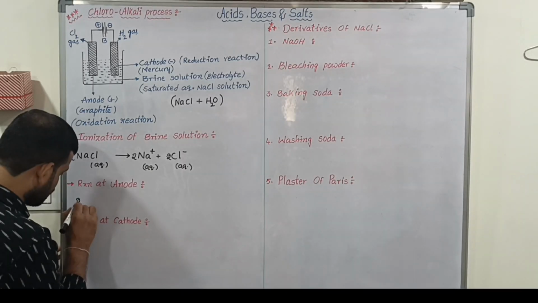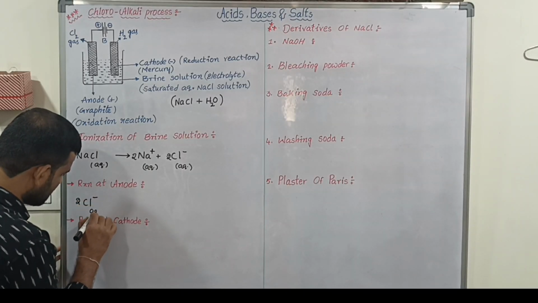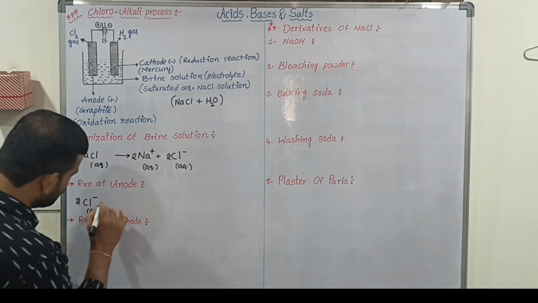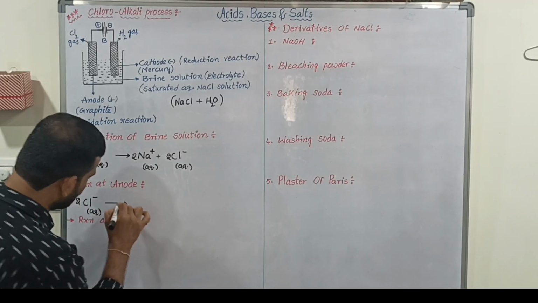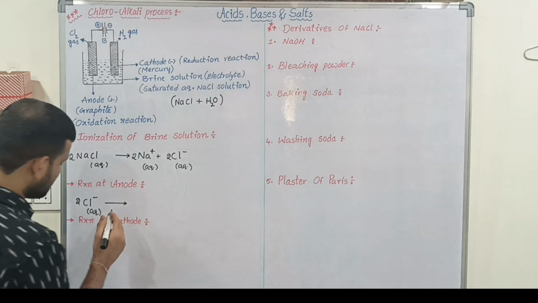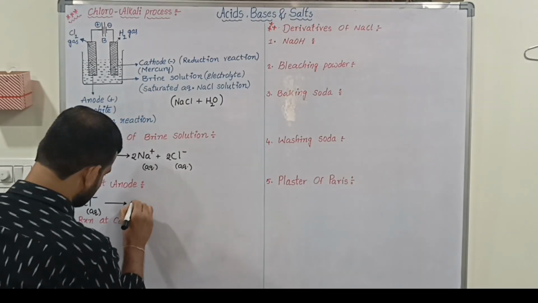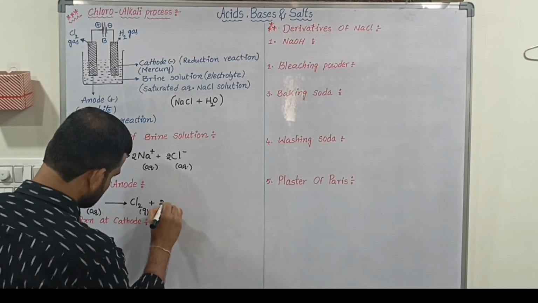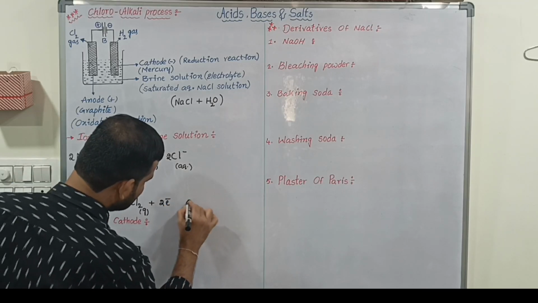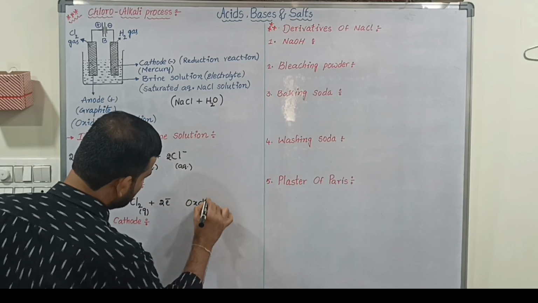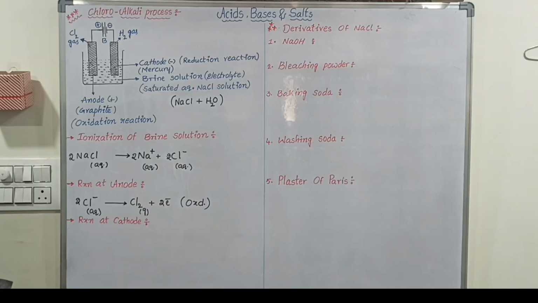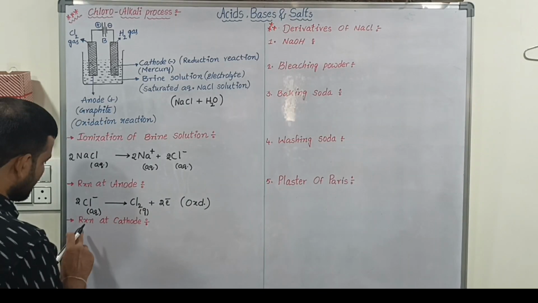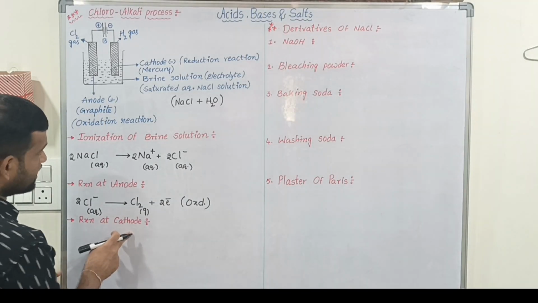So that is 2 moles of chloride ions. 2 moles of chloride ions will give 2 electrons and be converted into chlorine gas. What type of reaction is this? It is an oxidation reaction.